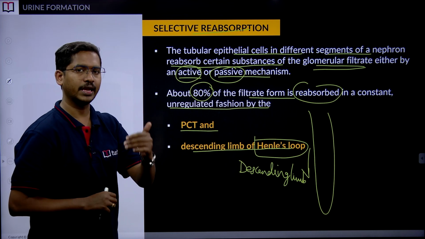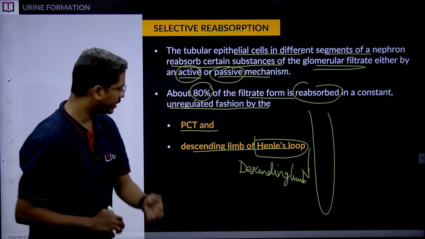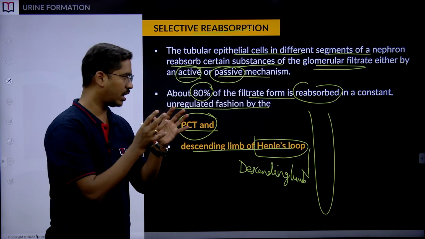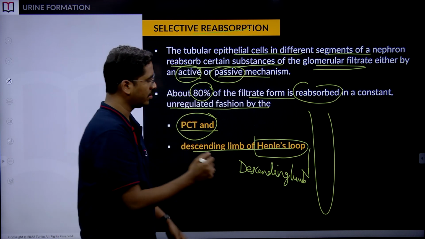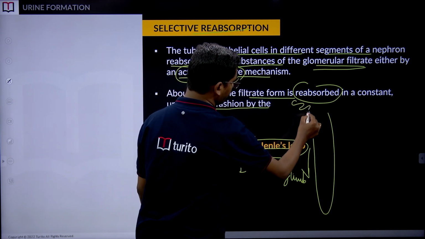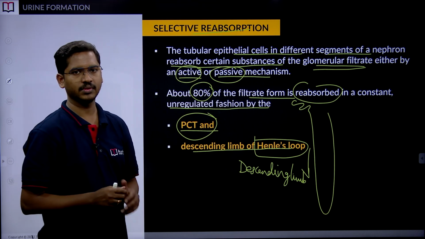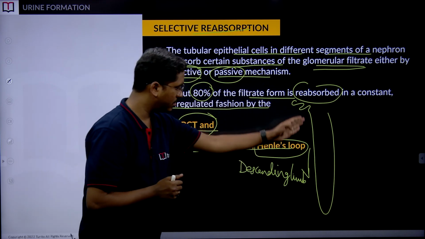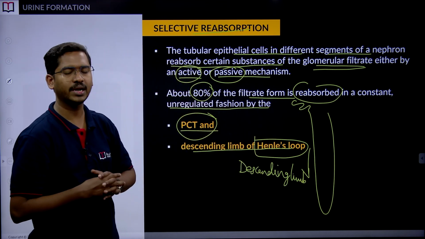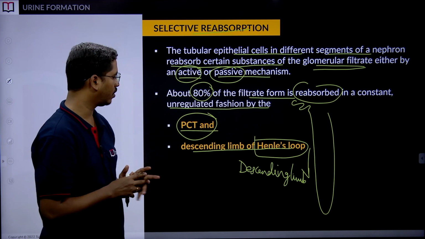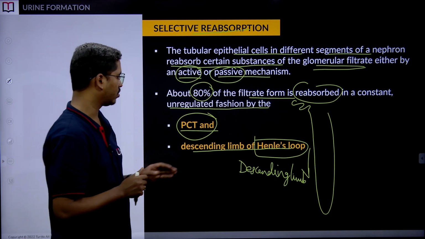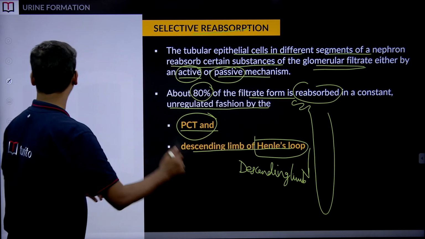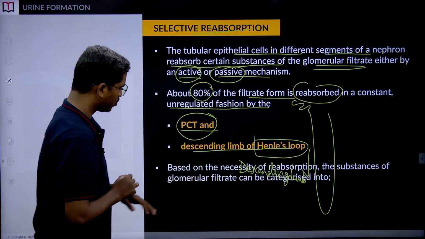Along with that, the proximal convoluted tubule. Soon after the Bowman's capsule, you will see a tube entangled like this, having a curved structure. That tube along with the descending limb of this hairpin-like loop of Henle is involved in reabsorption. So, remember this PCT and descending limb of loop of Henle are involved in doing that. Hope you understood that.